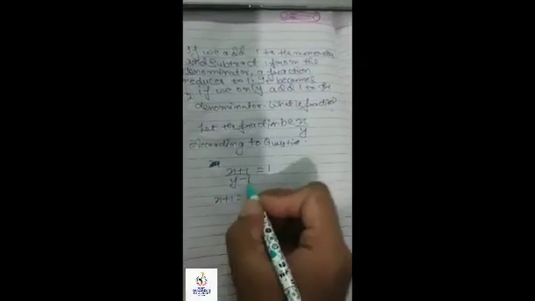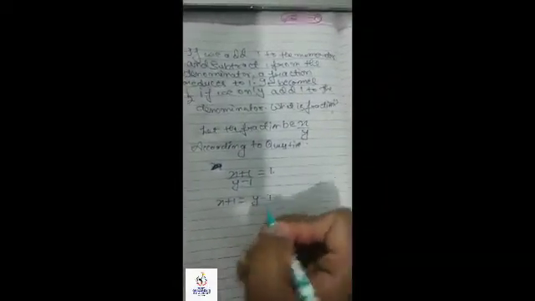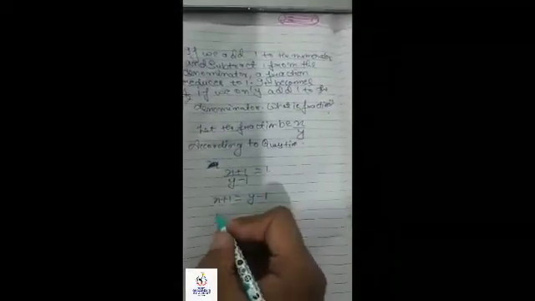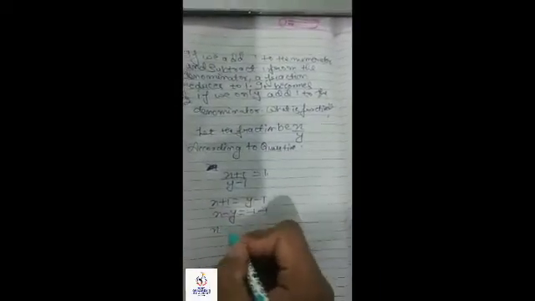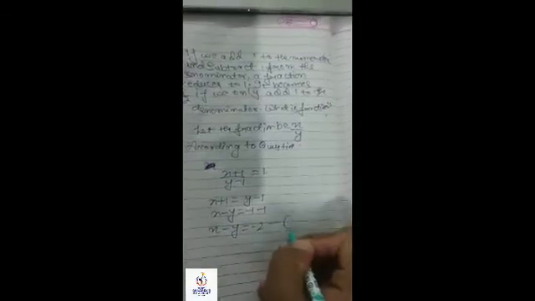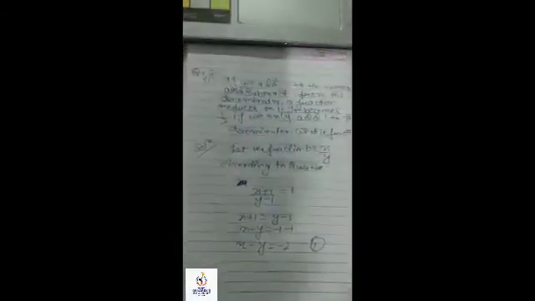Okay, so cross multiply it. x plus 1 is equal to y minus 1, so y will come here and 2 will go that side, so minus 1, and this plus 1 here minus 1, so x minus y is equal to minus 2. This is our first equation.